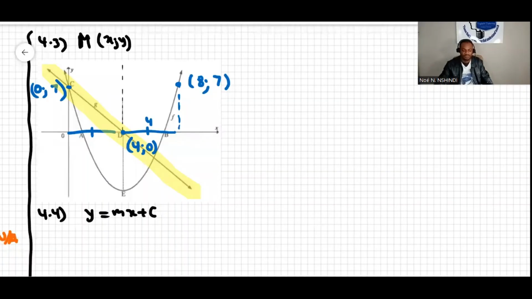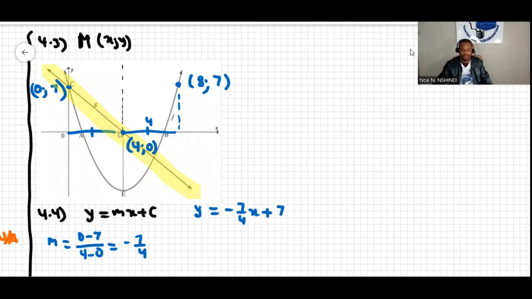The gradient will be m equal to 0 minus 7 over 4 minus 0, and this is equal to negative 7 over 4. Then our equation will be negative 7 over 4 x plus 7.